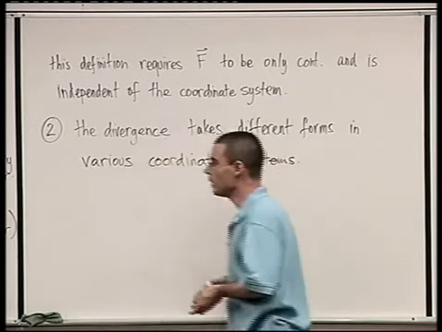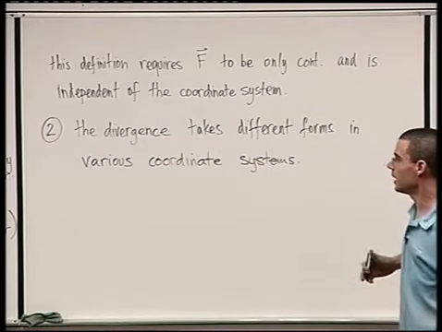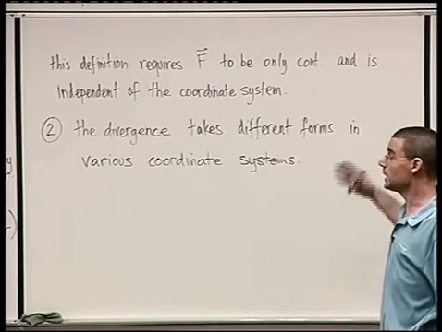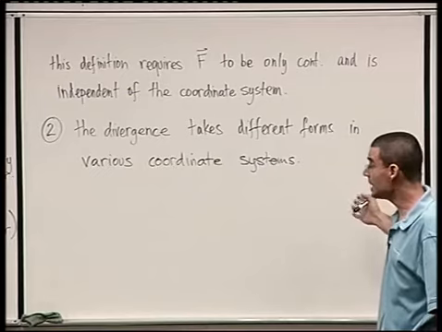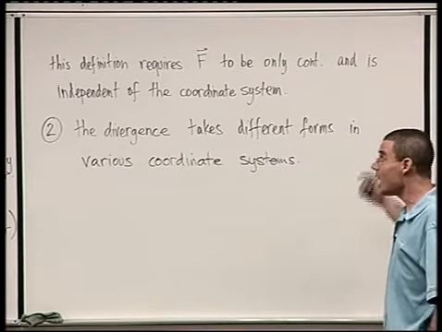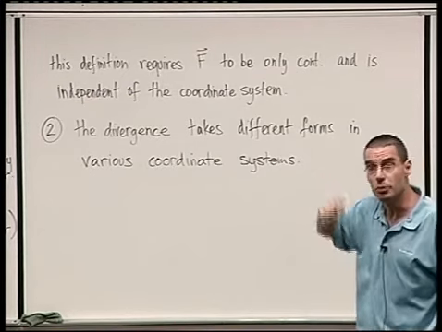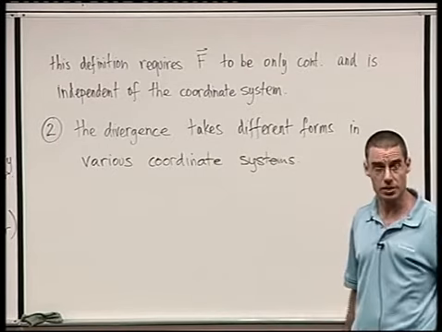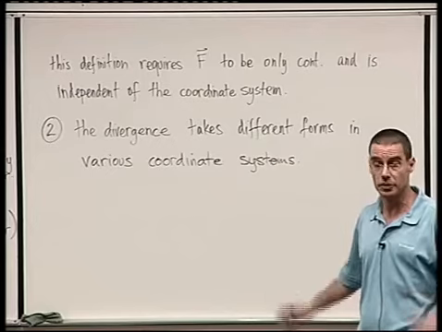So for example, if you're looking at the cylindrical coordinate system, rho, phi, and z, the divergence is not going to be dP to d rho plus dP to d phi plus dP to dz. That's not the divergence in cylindrical coordinates. It looks different.